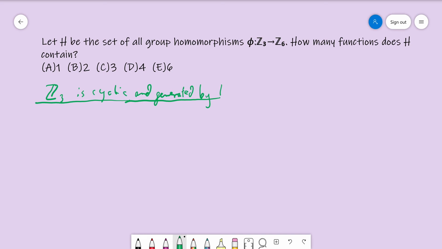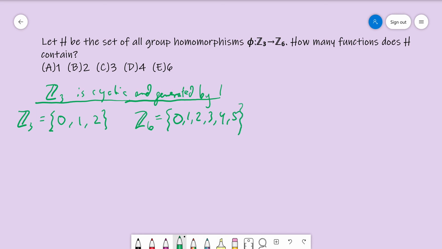So let's think of all the potential homomorphisms we have to check, that can be from Z3 to Z6. So I'll just remind you that Z3 contains the elements 0, 1, and 2, and Z6 contains the elements 0, 1, 2, 3, 4, and 5.